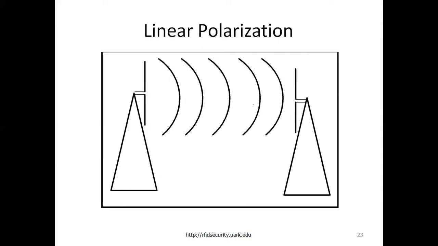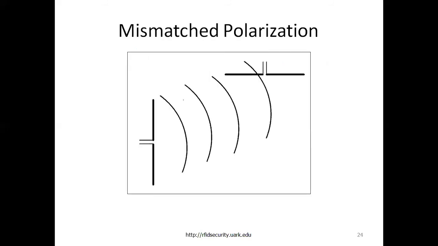And also in previous classes we discussed some of the polarization schemes, the physical arrangement of radiation. Here is a linear polarization, meaning the transmitting antenna and the receiving antenna polarization are similar, so it can possibly receive good signal quality.